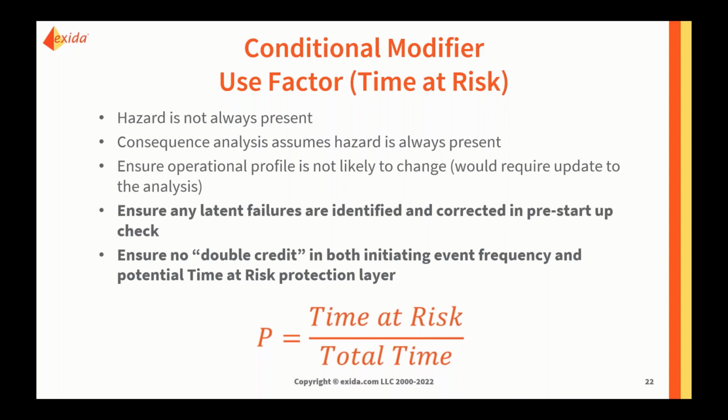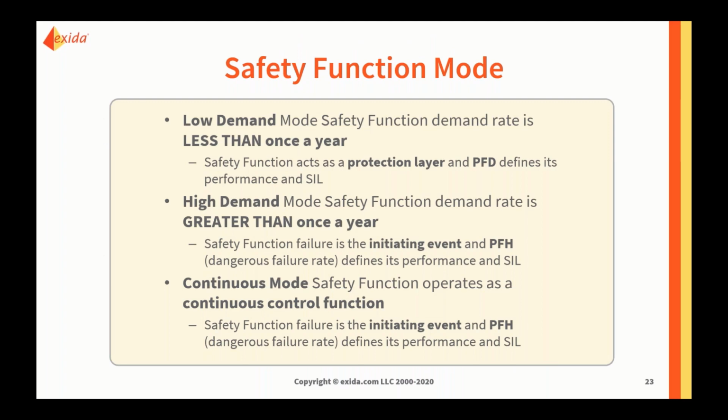All right, so again, with those two highlights identified, let's look at now how that safety function might fit into our potential protection layer model of accident frequency. As we said earlier, there are two main places where a safety function can fit in a layer of protection analysis. In the process industry, the vast majority of our safety functions sit on top of a separate independent basic process control system.